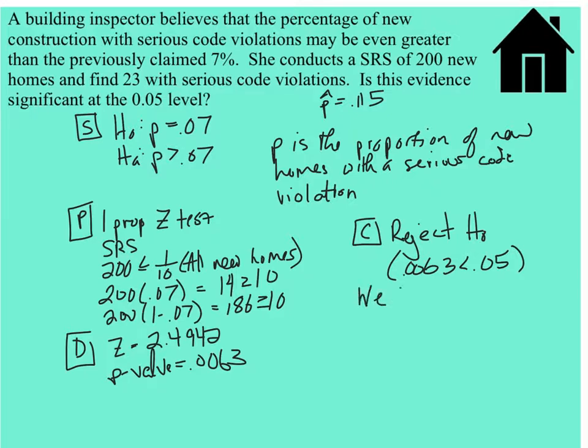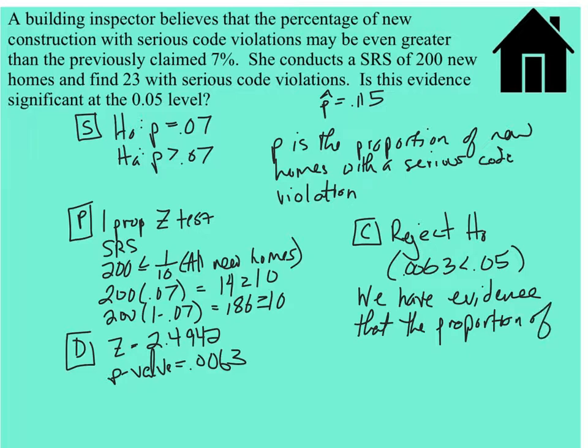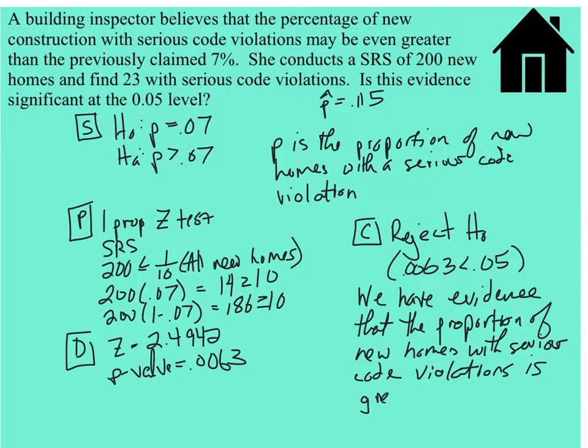We have evidence that the proportion of new homes with serious code violations is greater than 0.07.